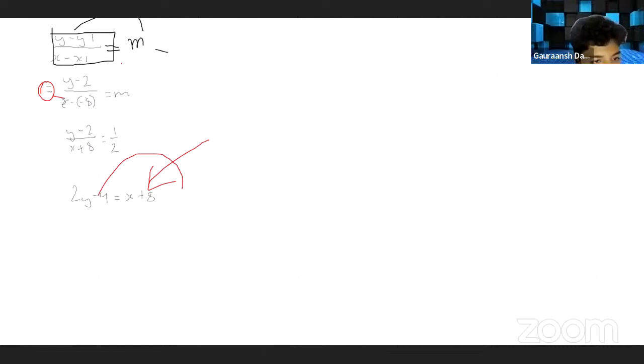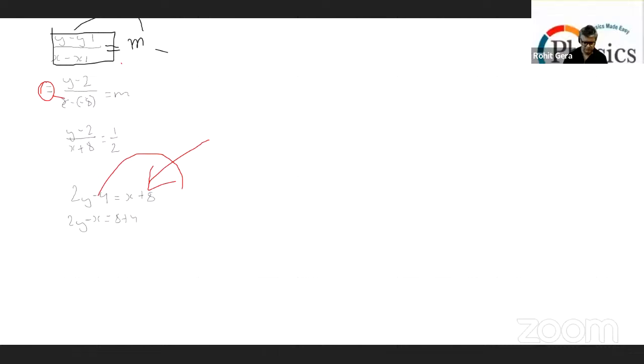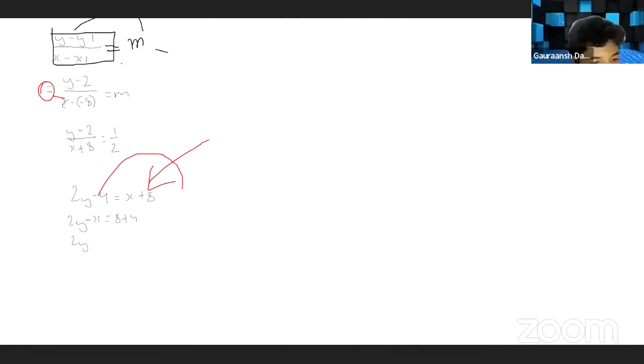So it'll be 2y minus x equals 8 plus 4. Right, 2y minus x equals 12. So y minus x equals 12 by 2.